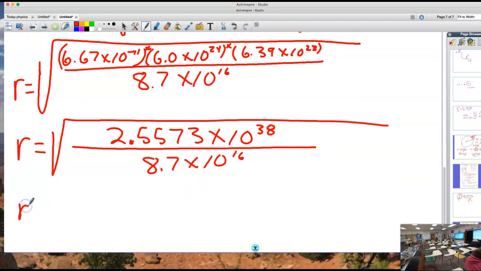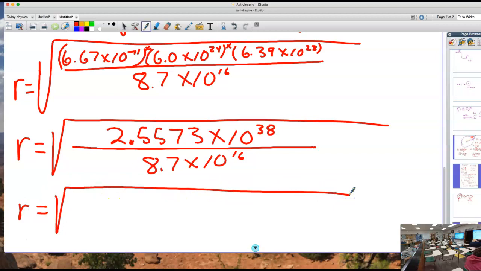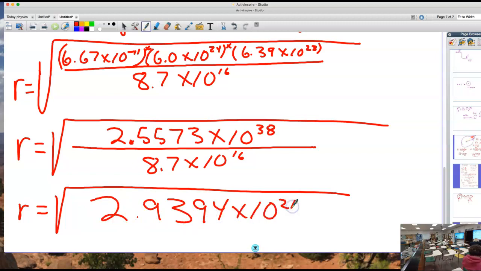So now we gotta divide them, right? Let's divide those two numbers. 2.5573 times 10 to the 38 divided by 8.7 times 10 to the 16th. What do we got? 2.94 times 10 to the 21st.